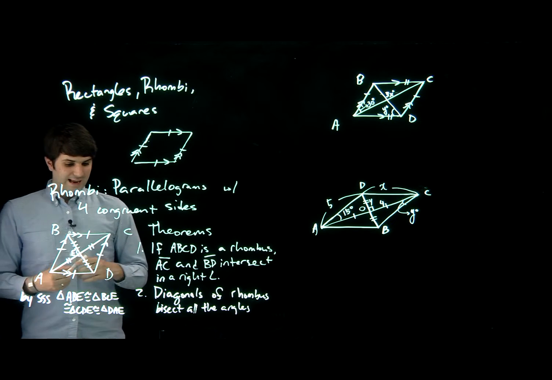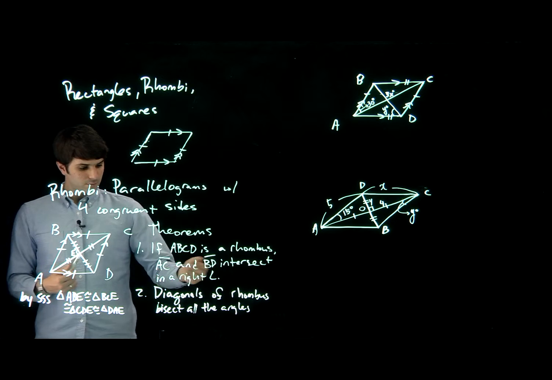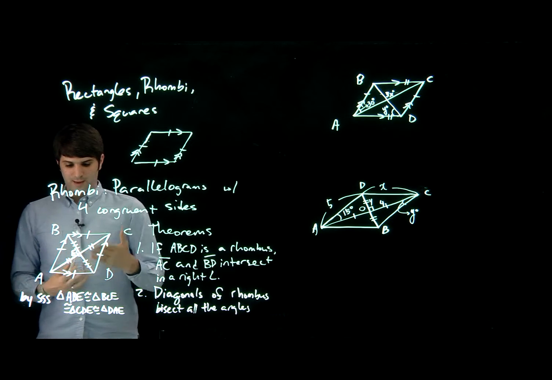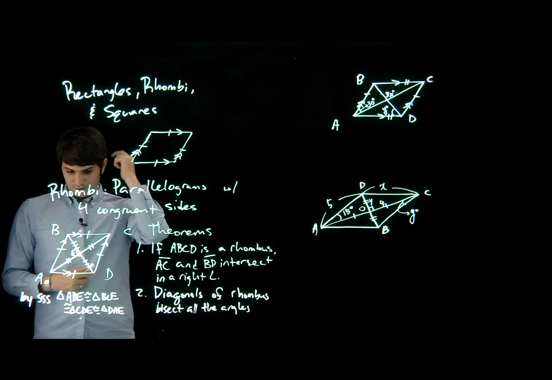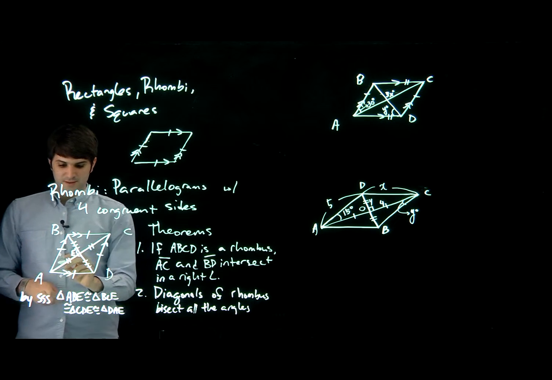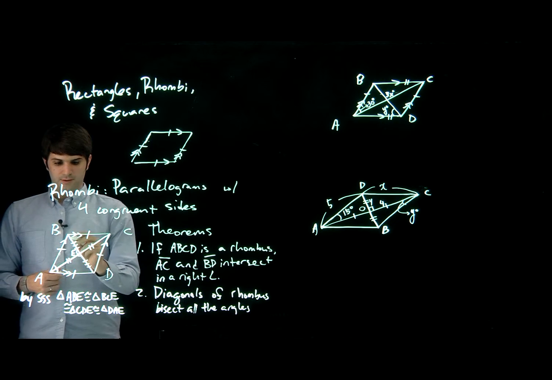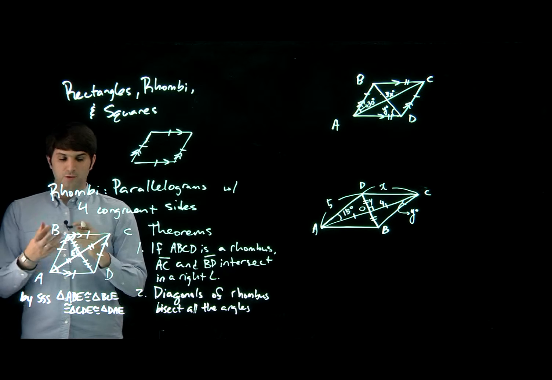The second part is that the diagonals of a rhombus bisect the angles. By similar logic, we have these congruent triangles, and if these triangles are congruent, then their corresponding angles are congruent. So this angle and this angle are congruent, and so on.